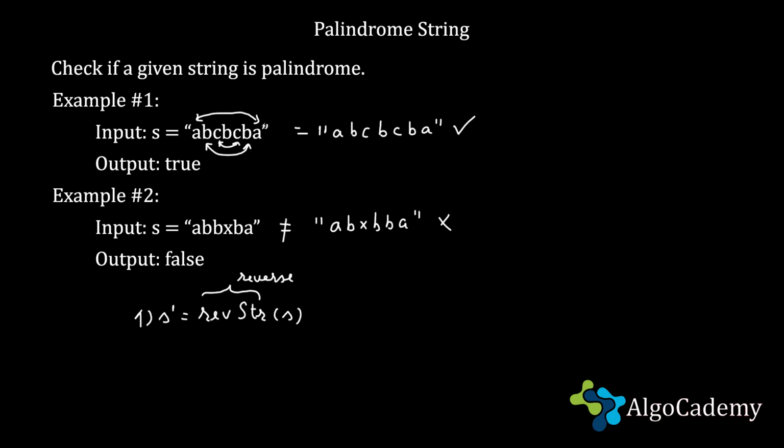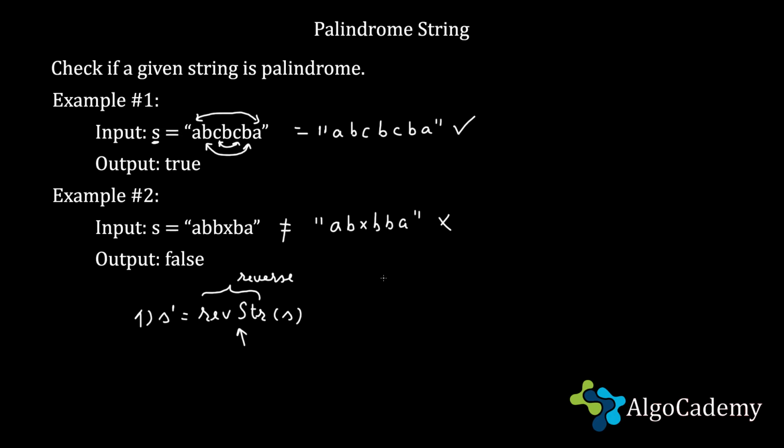So if you really want to go with this solution, that's completely fine, but make sure that you make a copy of the original value of s first, you reverse that copy, and then you compare the original s with the reversed copy. And the easiest way to do this is to write the code from reverse string inside a function, just like we did here. And why is that?